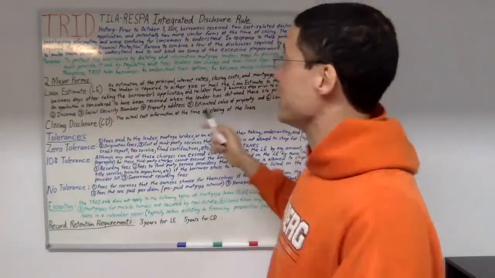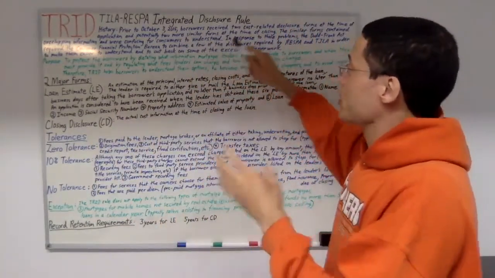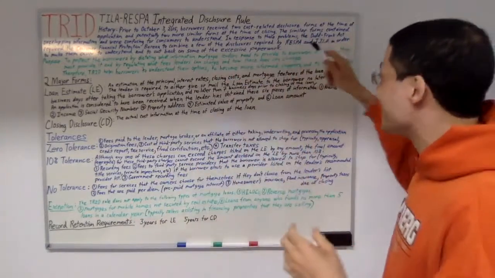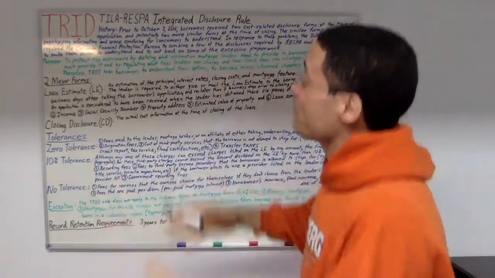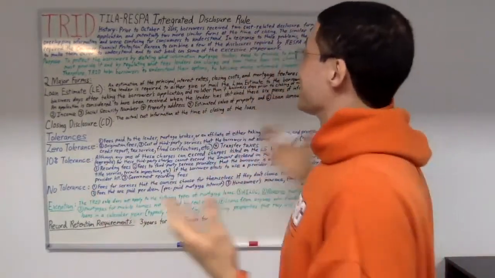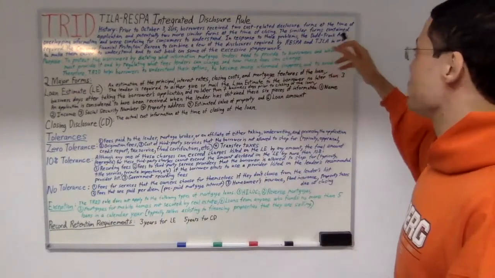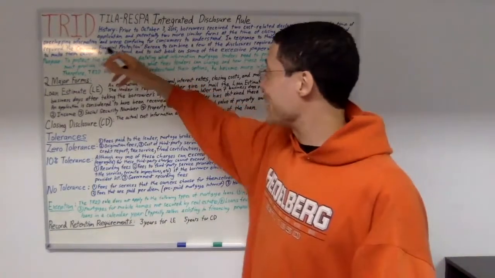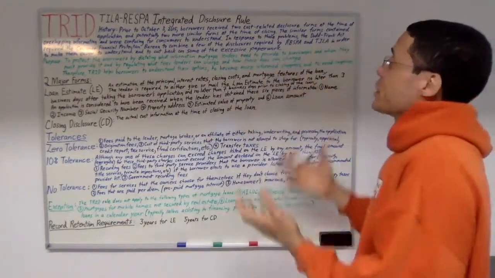The history is prior to October 3rd, 2015, borrowers received 2 cost-related disclosure forms at the time of application and potentially 2 more similar forms at the time of closing. The similar forms contained overlapping information and were confusing for consumers to understand.